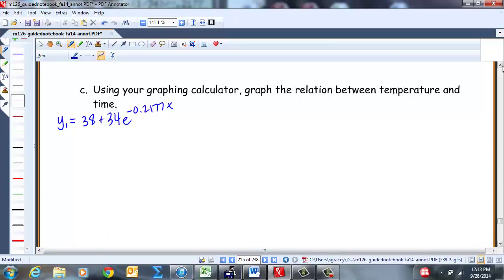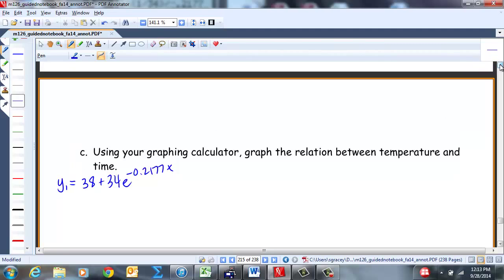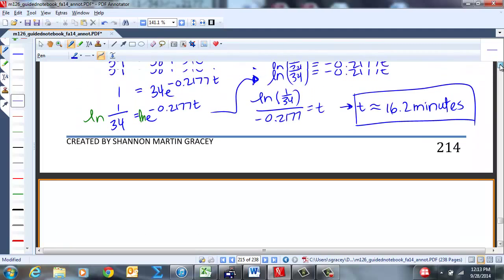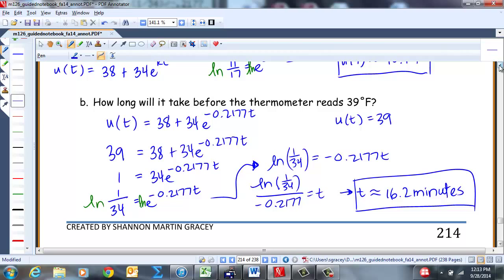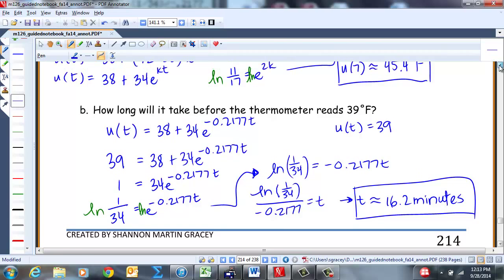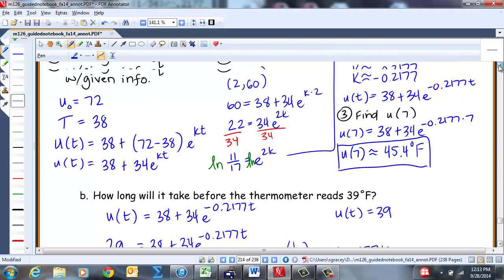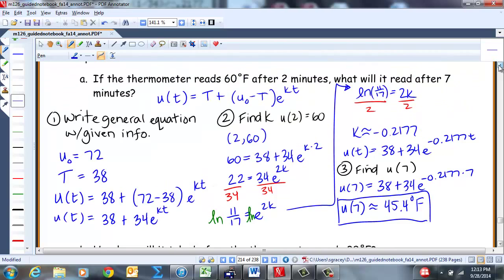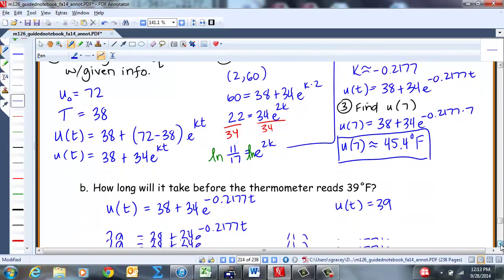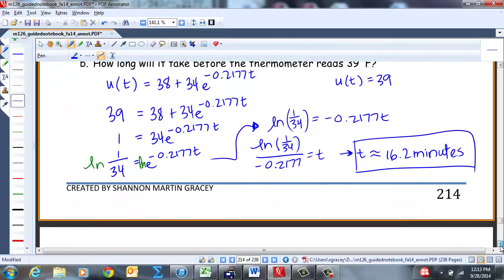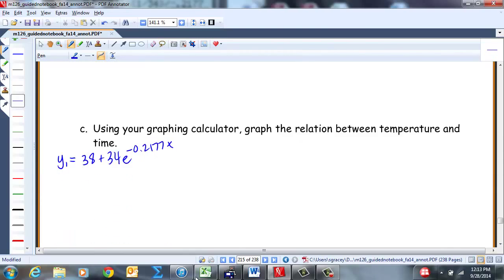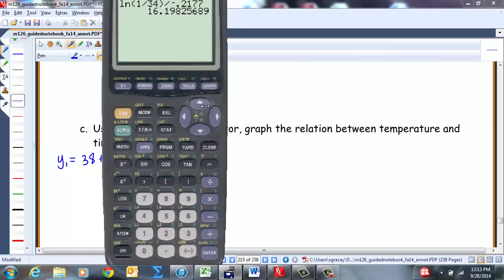Let's take a look at our numbers. I want to get a better idea of the window so we don't have to mess around so much looking for it. Our temperature starts at 72 and it's going to be going down to just 38, right? Because that's the surrounding medium. So that'll give us an idea of our window.